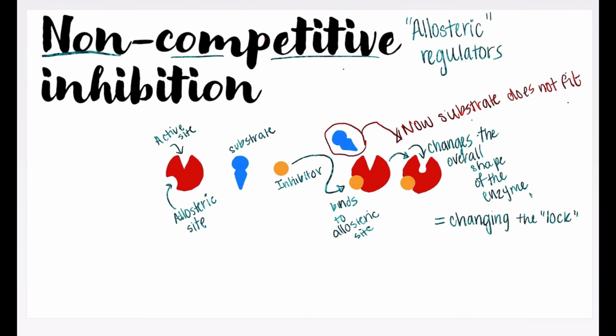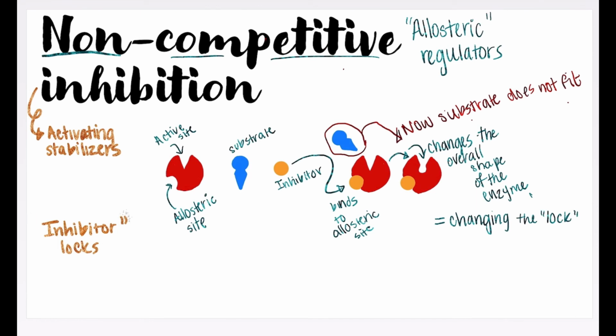So in non-competitive inhibition, we are stopping our substrates from fitting in the spot by changing our active site. There are two types of this. We can have activating stabilizers, or we can have inhibitors.